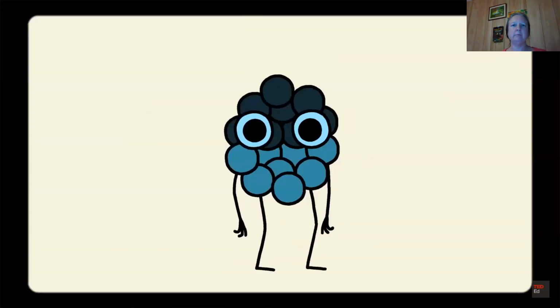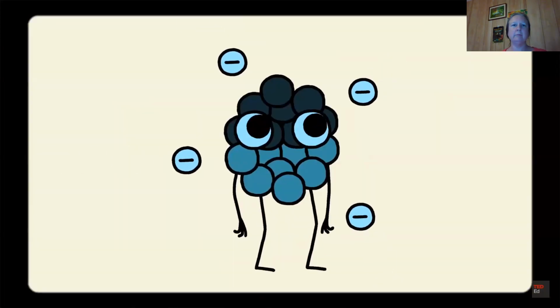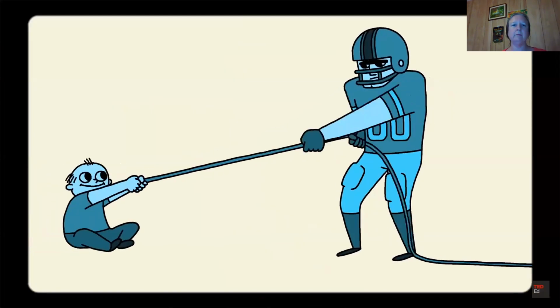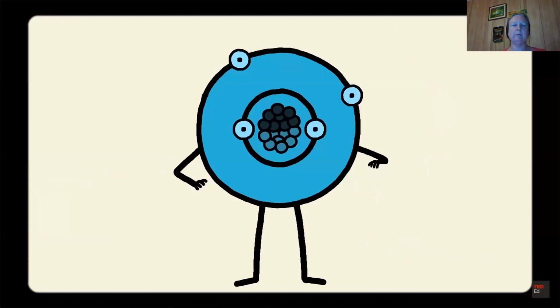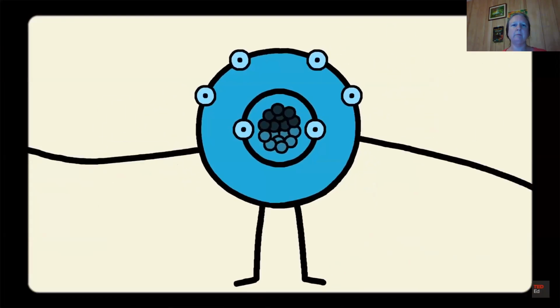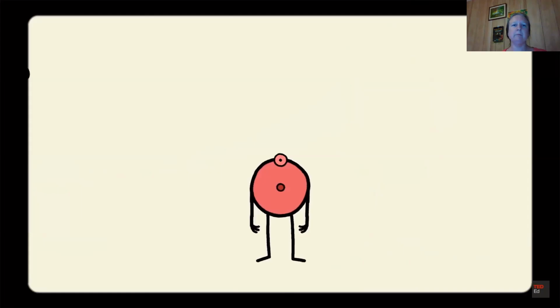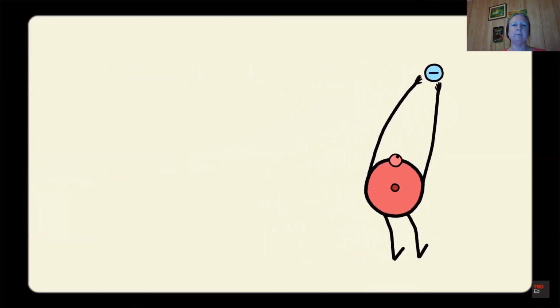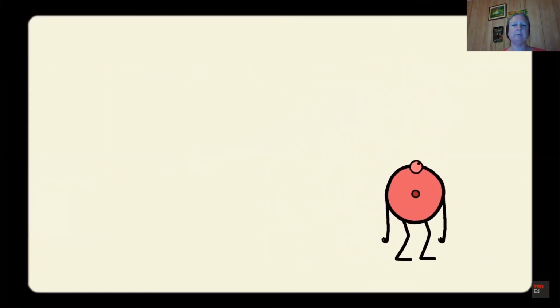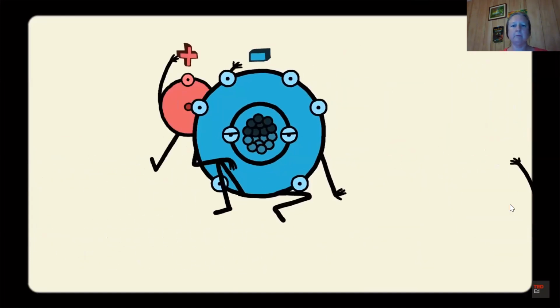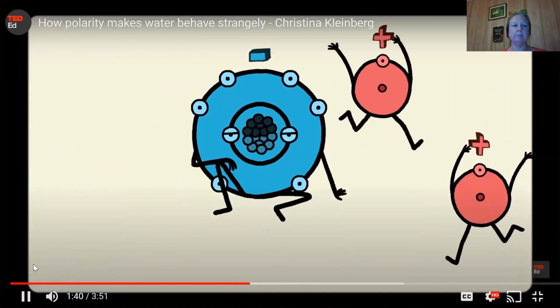They are able to attract the negatively charged electrons in the bond, just like a strong individual is able to overpower a weaker individual in a tug of war. So, oxygen is able to attract more than its fair share of electrons. Because hydrogen is smaller and has less strength, or fewer protons, it loses the tug of war and attracts fewer than its fair share of electrons. So the oxygen in water behaves as though it's negative, and the hydrogens behave as though they're positive.